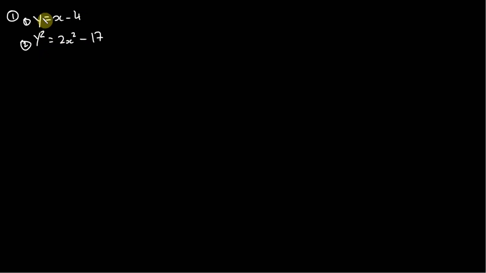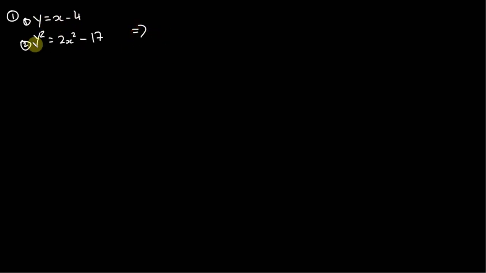But we'll just keep it this way, y equals x minus 4. We're going to use the method of substitution. We have two unknown variables here, x and y, so that's why we're going to set up a system of equations, or in other words, solve simultaneous equations. So we're going to substitute y equals x minus 4 into equation 2.